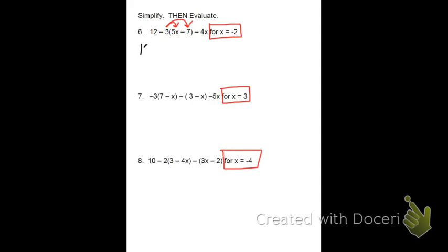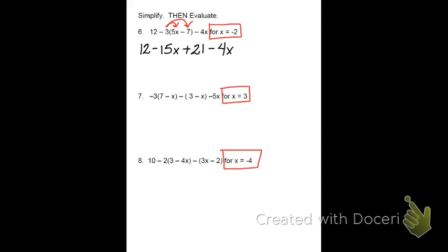So this is 12 minus 15x plus 21. 2 negatives make a positive. Minus 4x. So take a minute, maybe pause the video, combine your like terms and then plug it in. Then turn the video back on and see if you get the right answer.